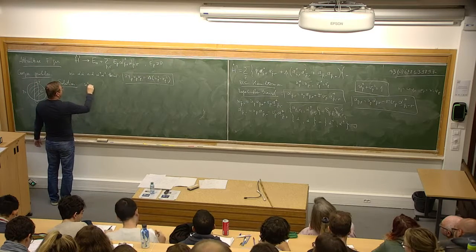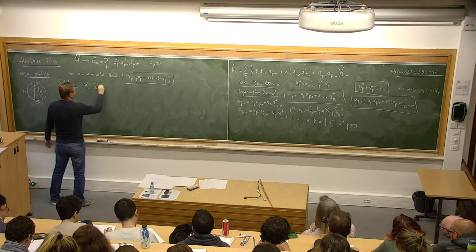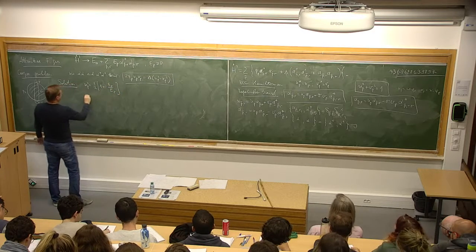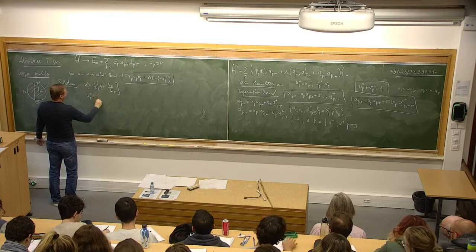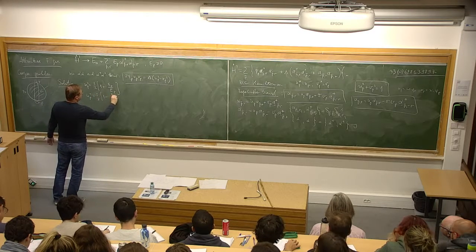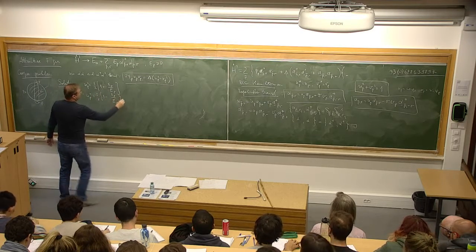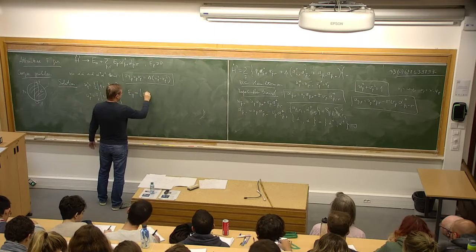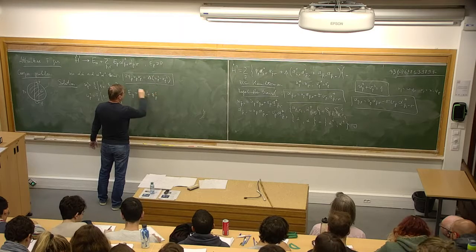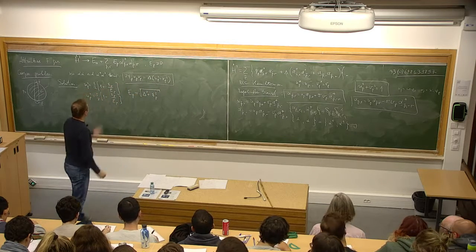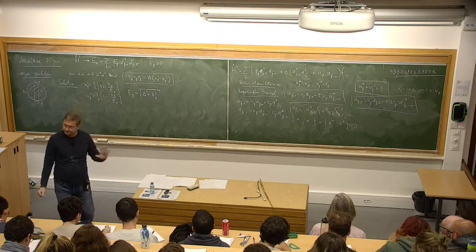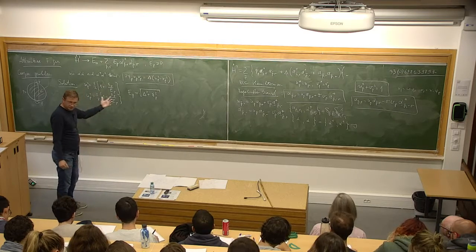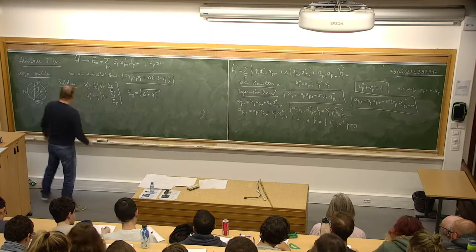U_P squared is 1/2 (1 plus psi_P divided by E_P). V_P squared is 1/2 (1 minus psi_P divided by E_P), and E_P equals the square root of delta squared plus psi_P squared. That's what you get by solving this system of equations. Looks very familiar.